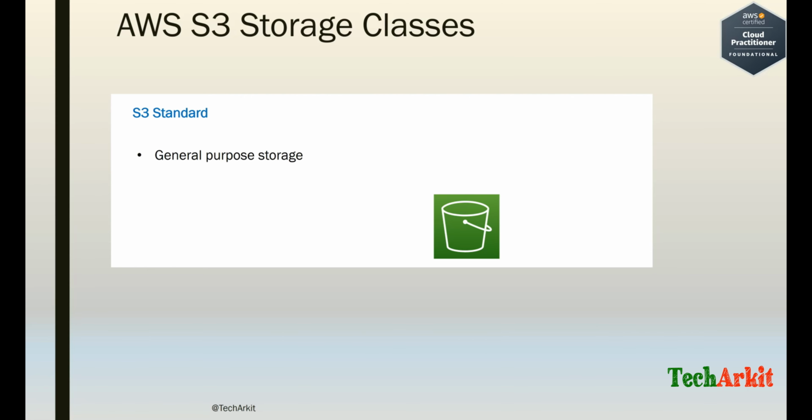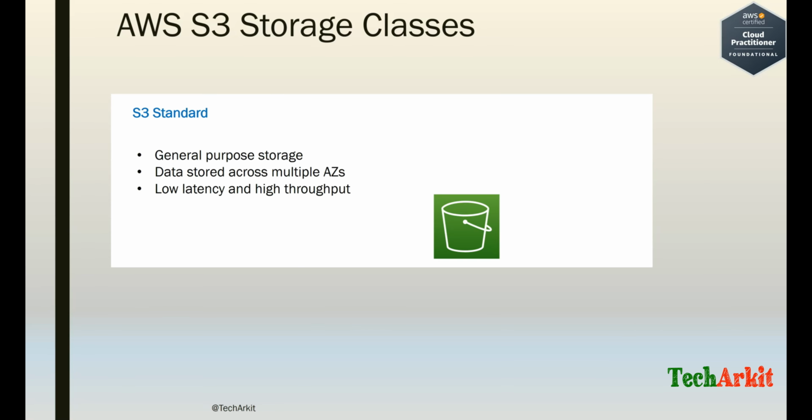General purpose storage is called S3 Standard, which is used for general purpose storage. Data is stored across multiple availability zones by default, so that whenever one availability zone goes down, another availability zone still has your data.